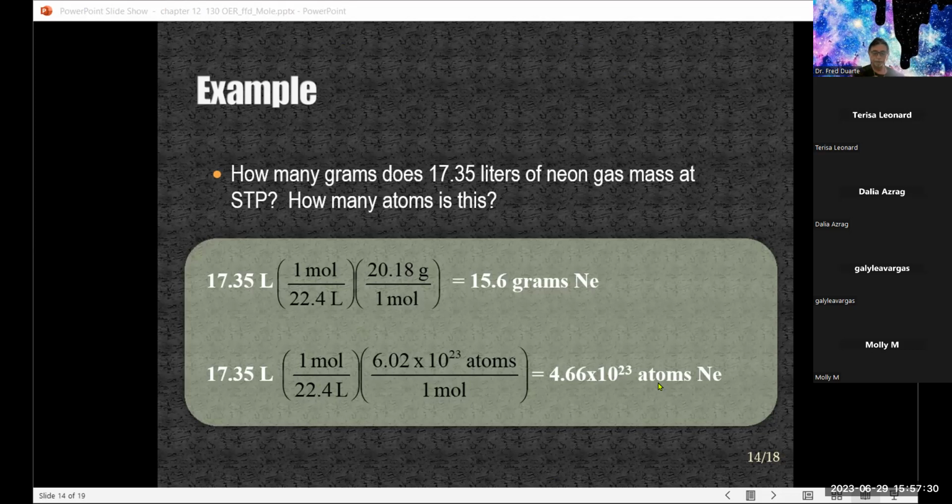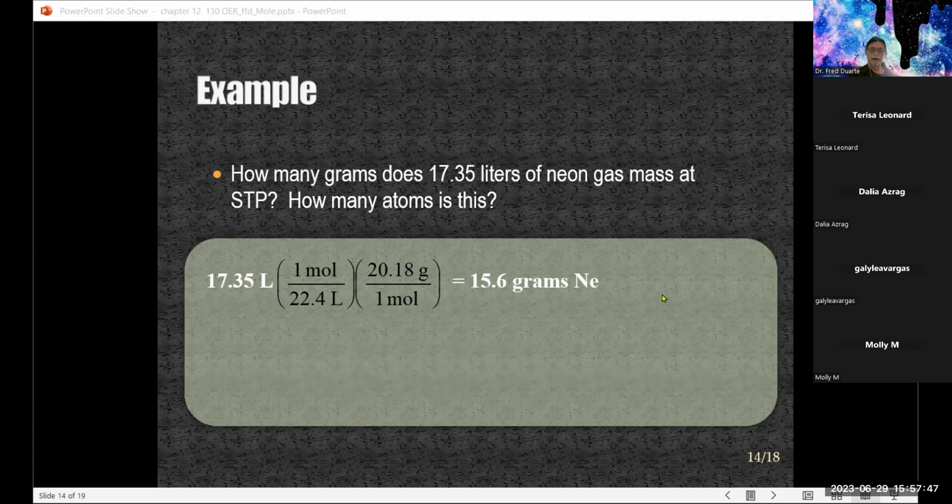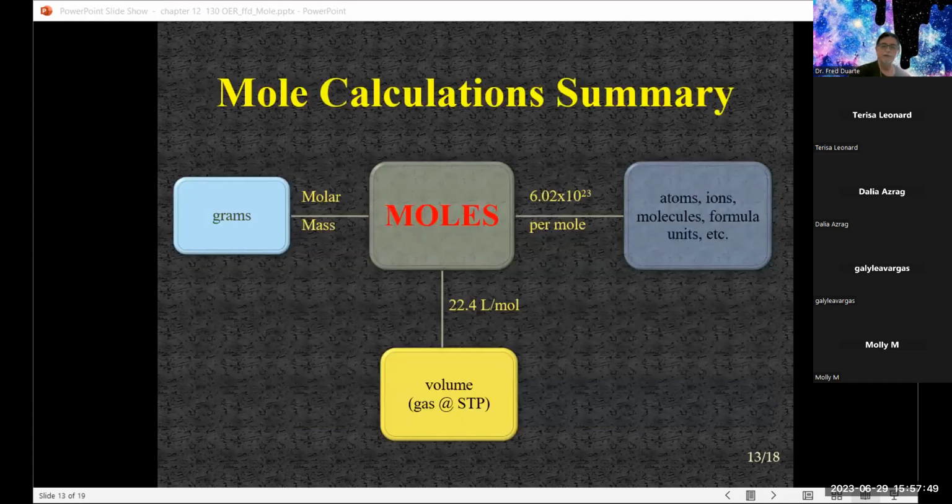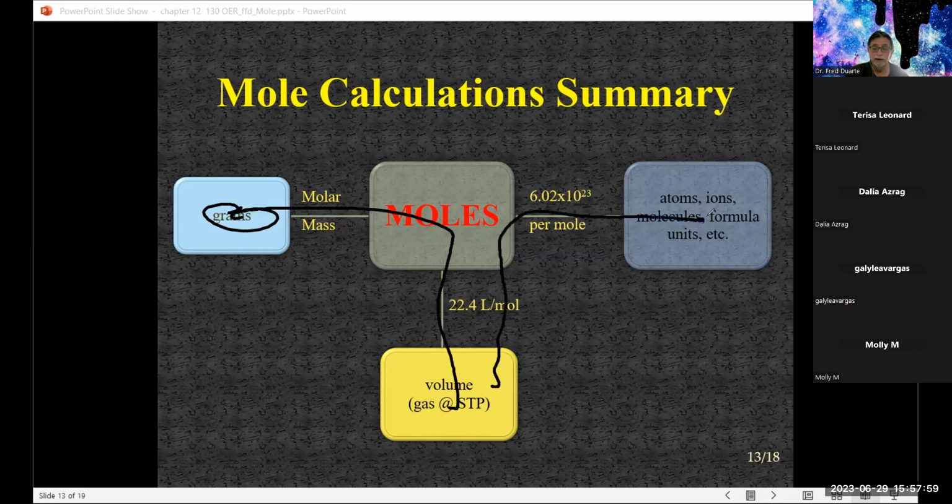So the second part is we start with the same volume. Our conversion factor gets us to moles, and then we use Avogadro's number to give us the number of atoms. Okay. So to rehash that from the flow chart, the first one we went from volume over to grams, and the second part we went from volume over to atoms.